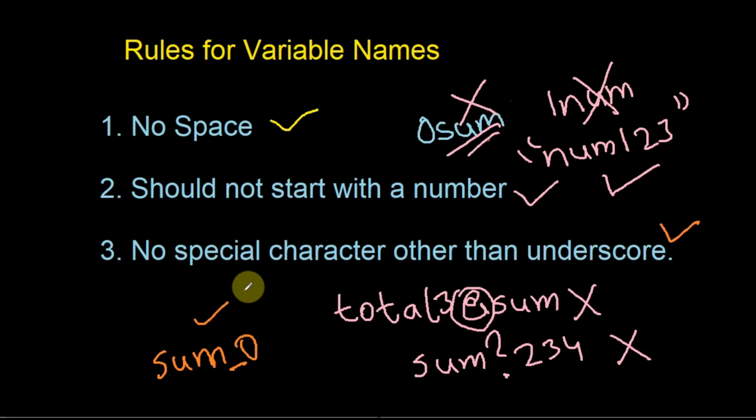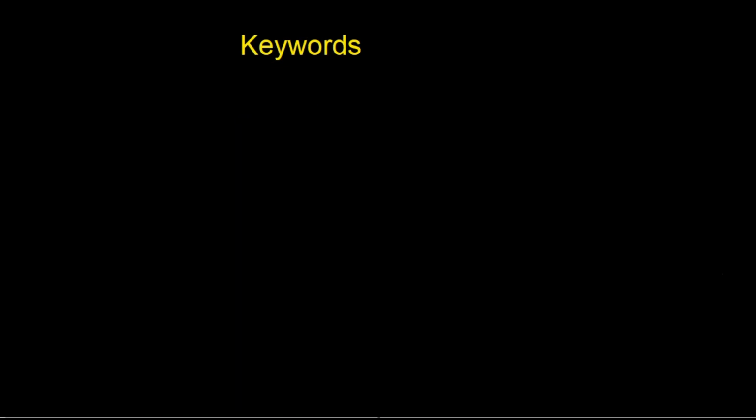Next we'll see the other type of identifier, which is a keyword. Keywords are a special type of identifier. They are special words used in a C++ program, and they are reserved by the compiler.